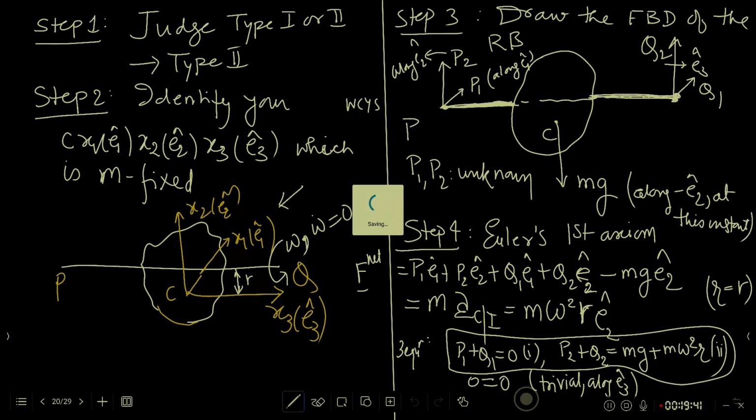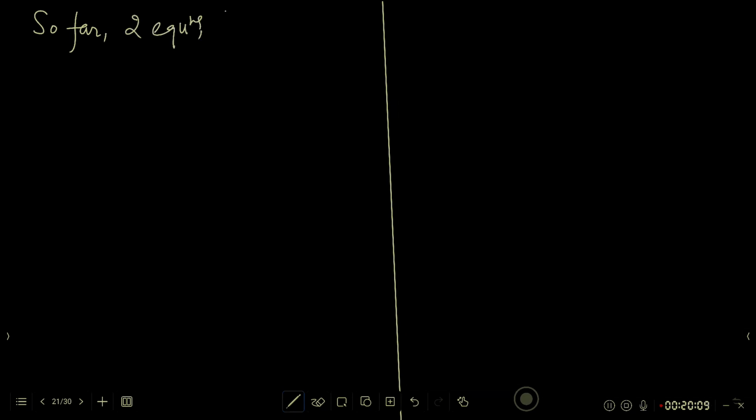So we have a situation, 2 equations, 4 unknowns. What do we want to find? Indeed, I want to find P1, Q1, P2, Q2. These are the things I want to find. So I have to include more equations in my analysis. So far, 2 equations, 4 unknowns.